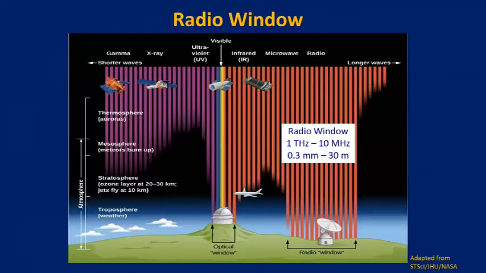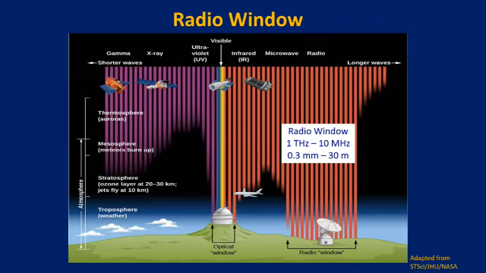As you know, we can do this from the ground because there's a nice big radio window. So we can do radio astronomy fairly inexpensively, simply and easily using ground-based equipment. There's a very large window, and at the lower frequency end, around 10 megahertz, there is an ionospheric cutoff.